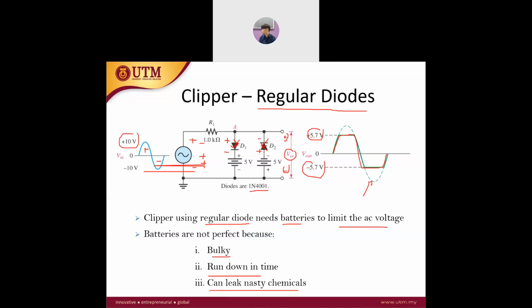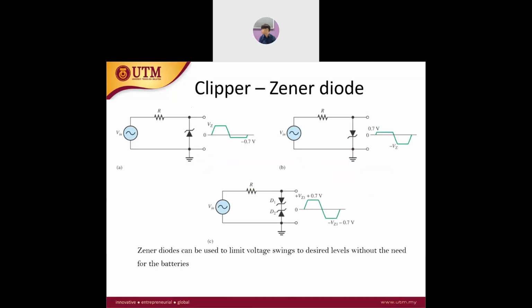If you open a battery that is overused or has been used for a long time, you will see some chemical may flow out from the batteries. So these are the limitations of using batteries. Next, we are going to discuss the clipper circuit as well. However, we're going to replace the battery with a ZENER diode.